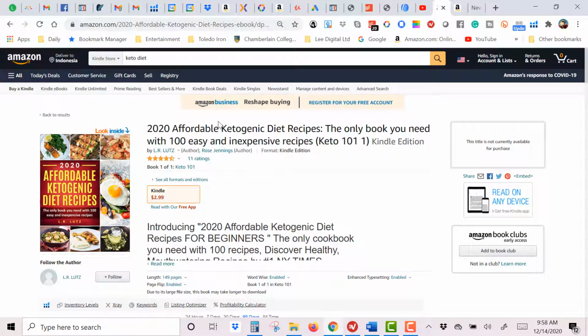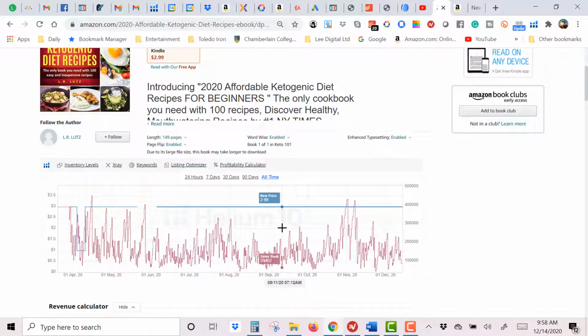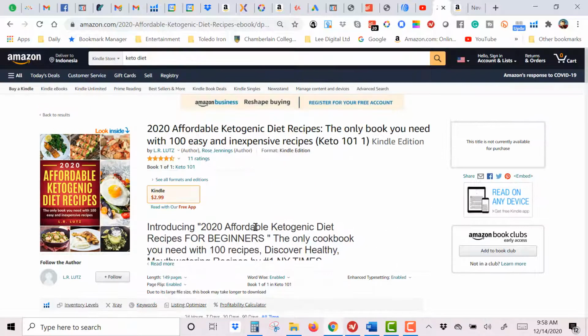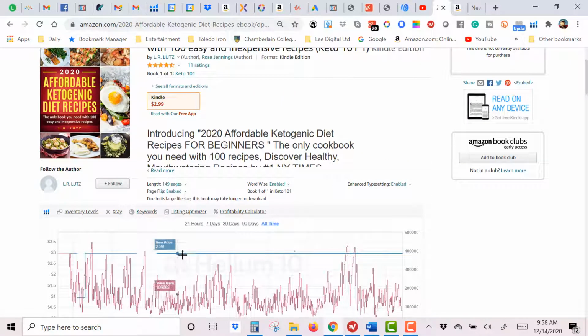But you can do your own research and you can use this app right here to show you the type of sales that are happening depending on how much data it has. And look at all the sales here since the time this has been published. Granted, this is only for $2.99, but you should be able to have sales, and maybe not as much as this because this is a $2.99 price.